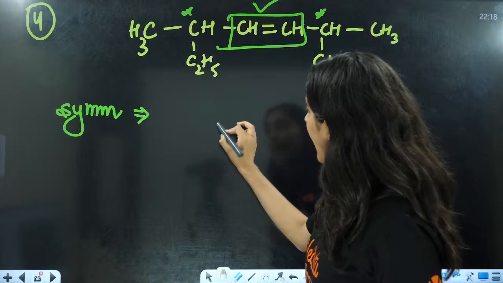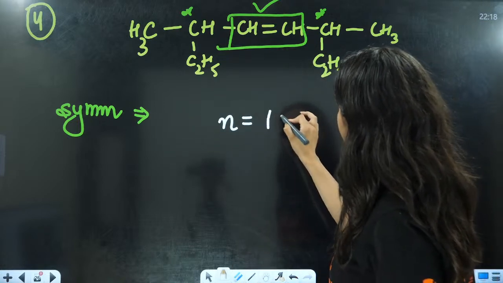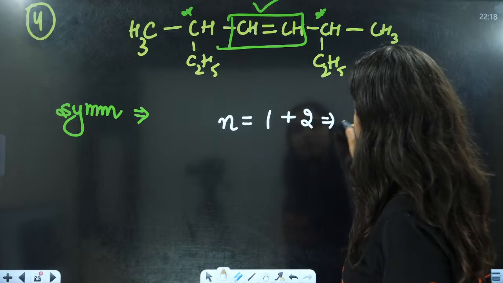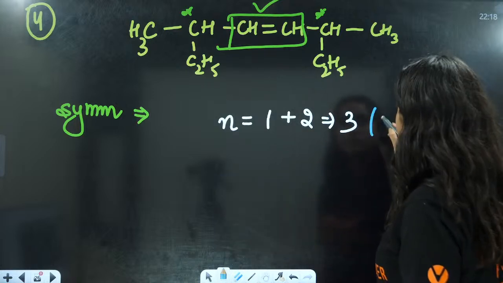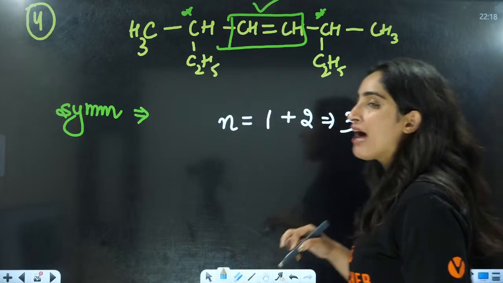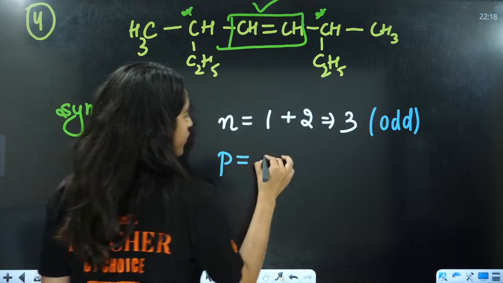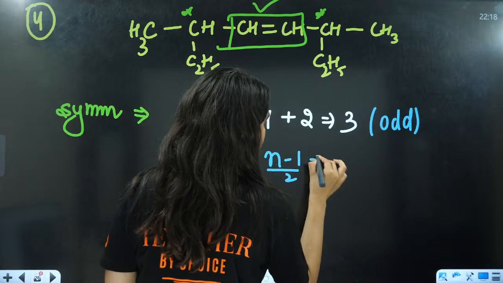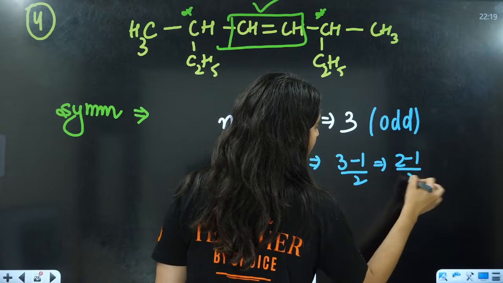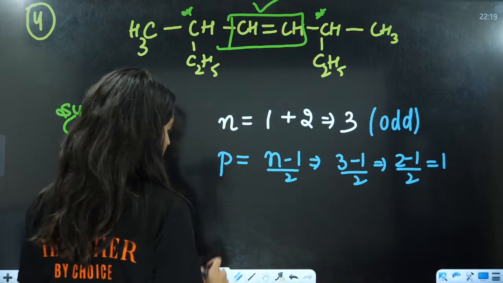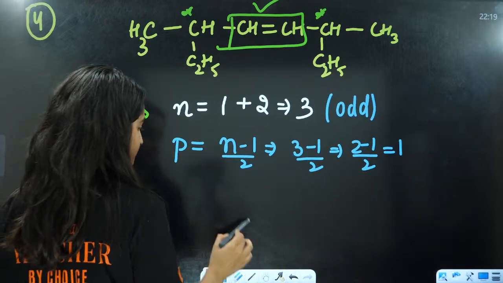Here you are going to write N is equal to 1 geometrical plus 2 chiral centers, equal to 3. But this is symmetrical and N is odd. When you have N odd, in that case, P will be equal to (N minus 1) by 2, that is (3 minus 1) by 2, that is 2 by 2, that is 1. Okay. Now what next?